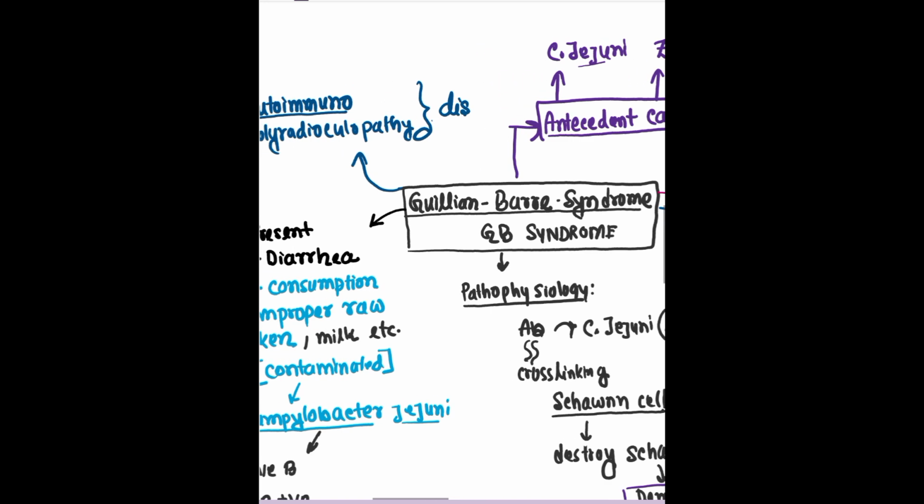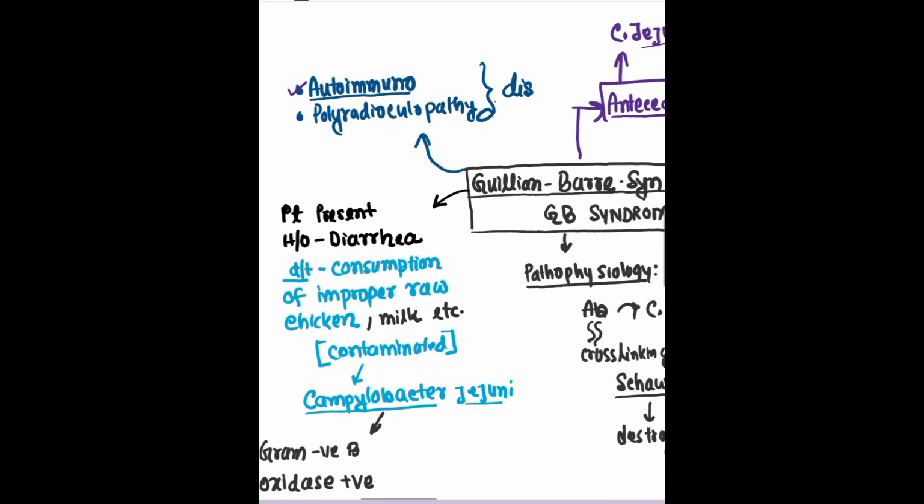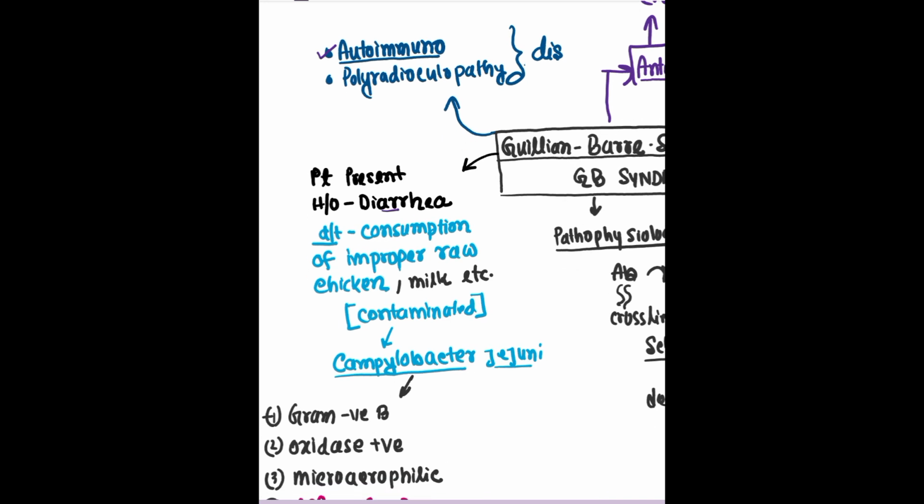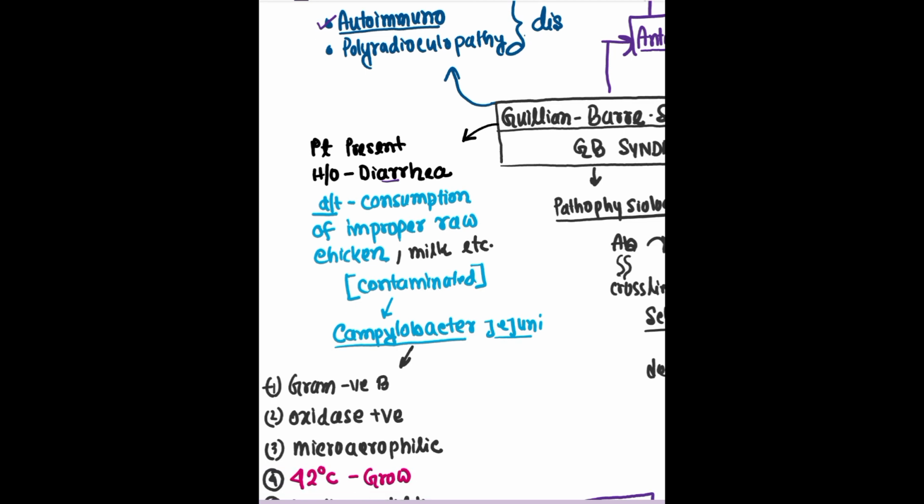Most probably, before developing the disease, the patient has a history of diarrhea because of consumption of poultry and milk-containing food contaminated with Campylobacter jejuni.